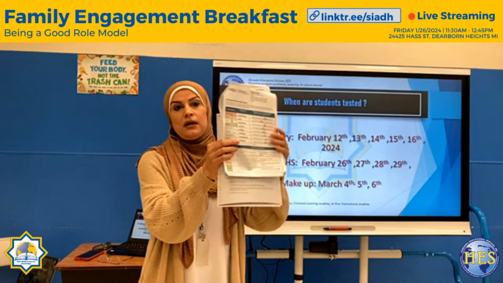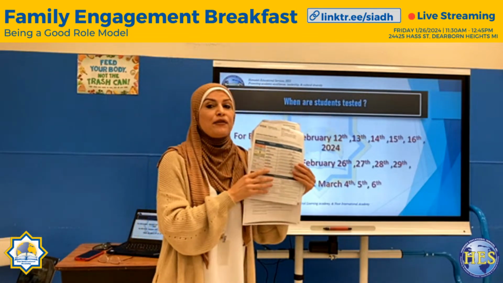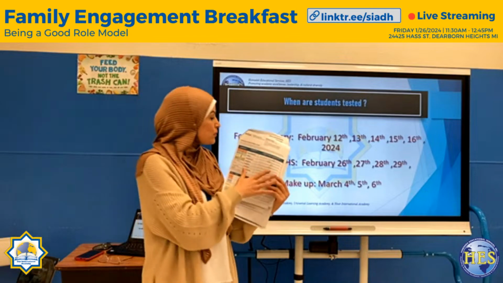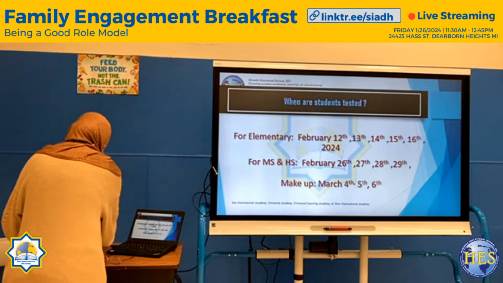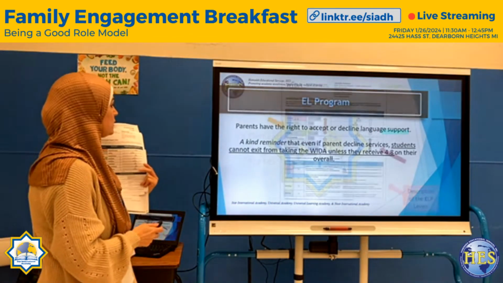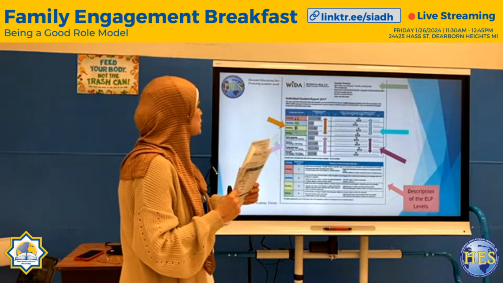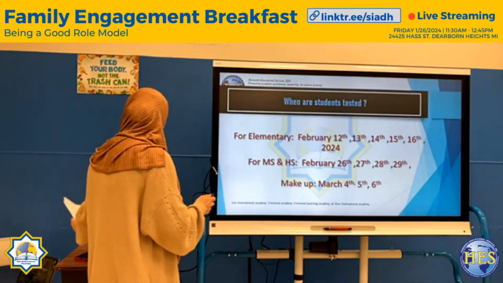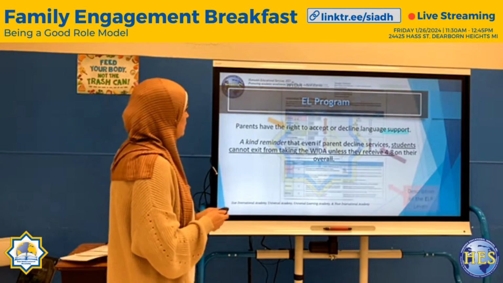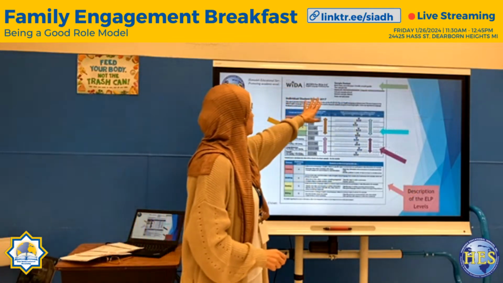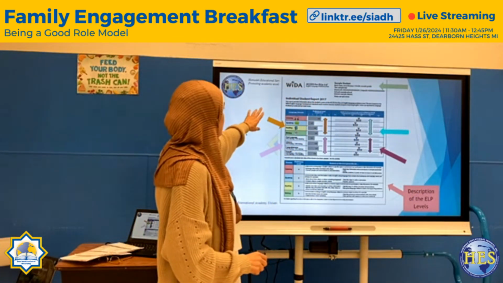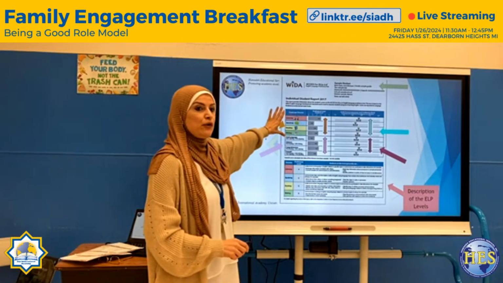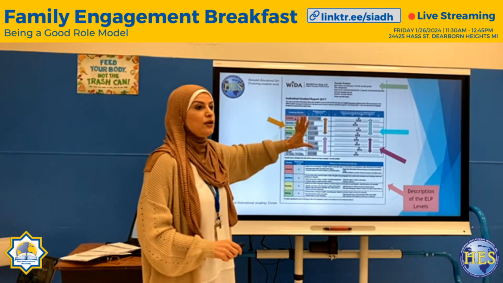This form is the WIDA report. Every student has this form around July. This form shows you the student's name and the results, the scores for the 4 domains that your kid got.